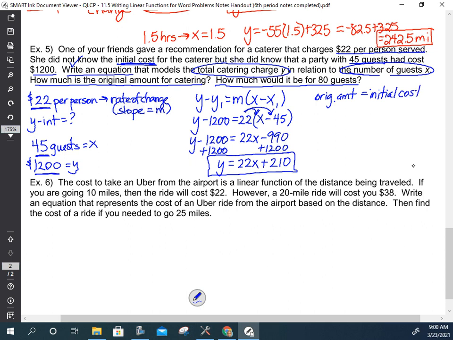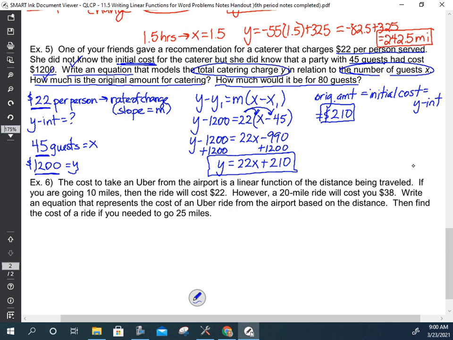And an initial cost is the same thing as a y-intercept. So that is equal to $210. So you are paying the caterer $210 regardless of anyone showing up. That takes care of the second part of the problem.